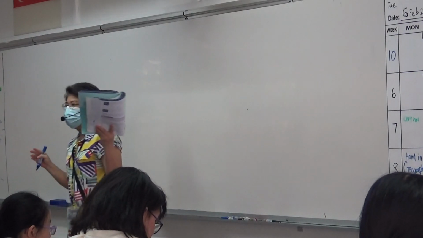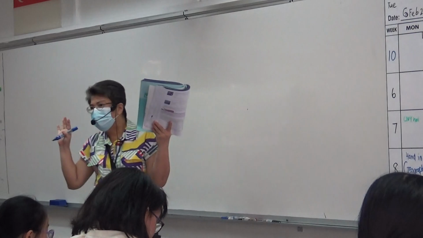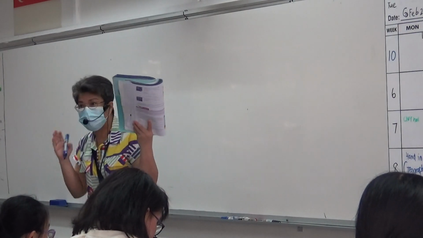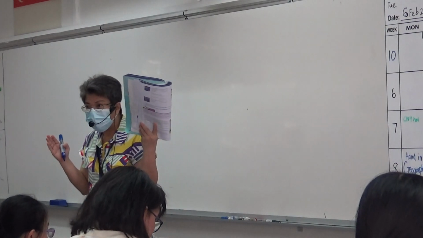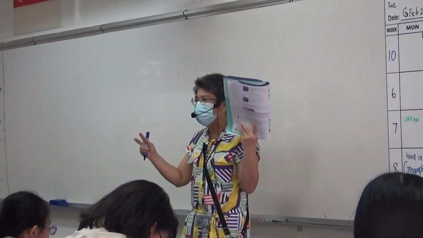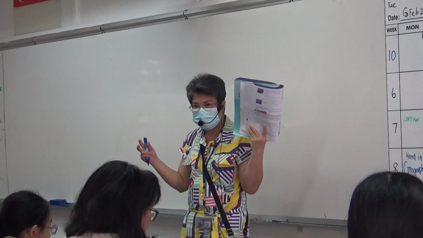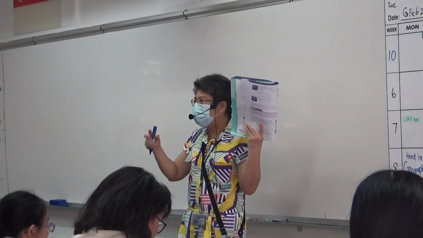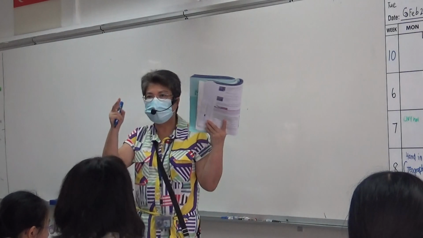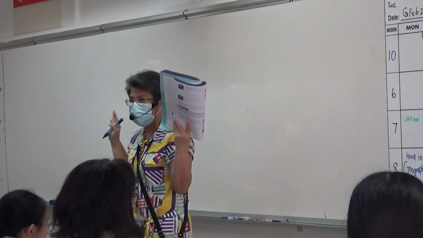Now, let me just tell this first before I start the whole thing. Different people have different ways of doing estimation. Correct? For example, I say this item costs $9.95. Okay? Then I buy 10 items. Understand? Some people will take $9.95 and times 10 to get the answer. Okay?